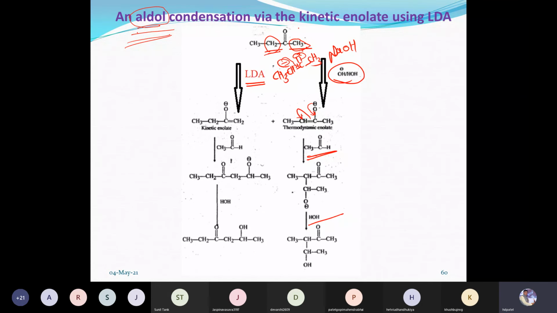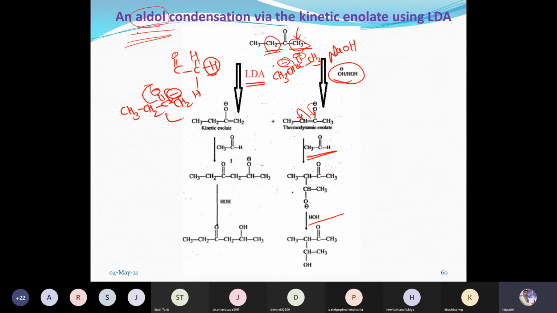So this proton, the methyl proton, is not sterically hindered, and that's why LDA will attack this position. As a result, what will we get? We will get CH3CH2C=O-CH2 minus carbanion, and then the electrons will migrate onto this position and finally onto oxygen.